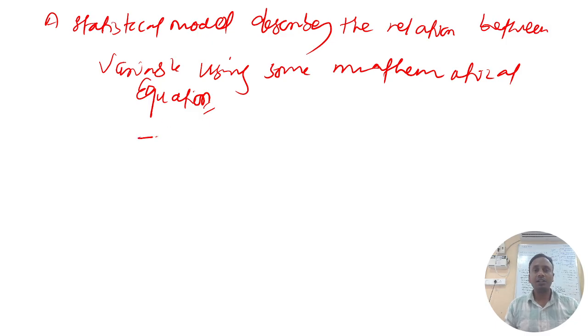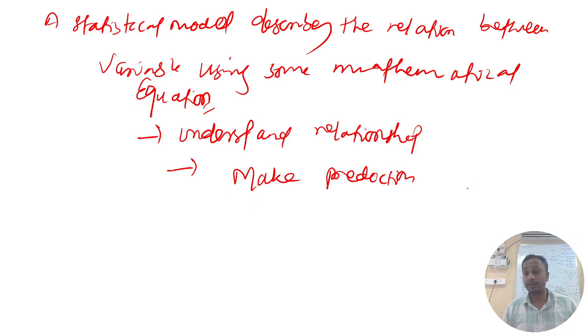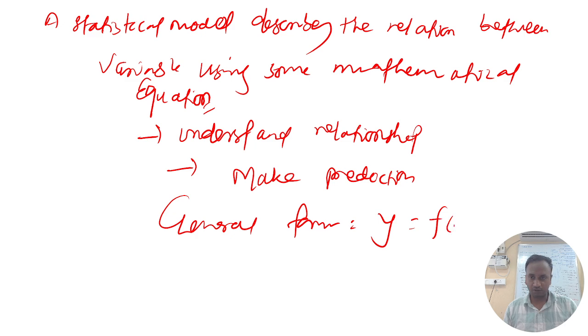So the whole purpose is to understand the relationship, then make the prediction. The idea of regression is to make predictions. So the general form is y is equal to a function of x and theta, plus error.